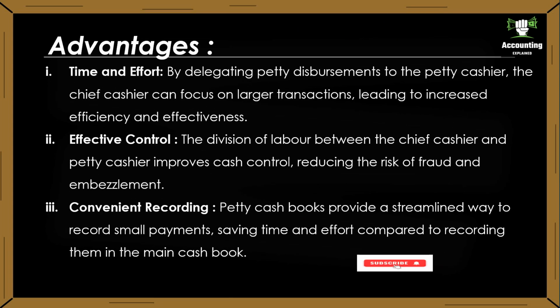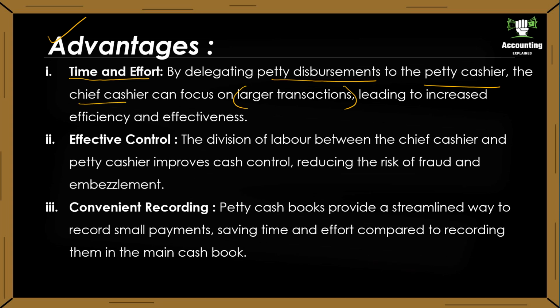We are going to see now the advantages of maintaining a petty cash book. First is time and effort. By delegating petty disbursements to the petty cashier, the chief cashier can focus on larger transactions, leading to increased efficiency and effectiveness. Suppose the chief cashier has to handle all the transactions, including the routine ones and the high-value ones, then it becomes very difficult for him to concentrate on his work.